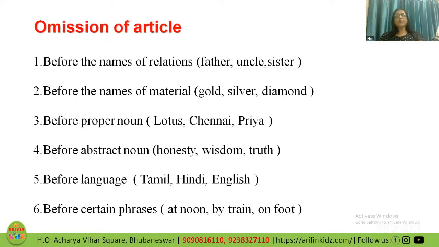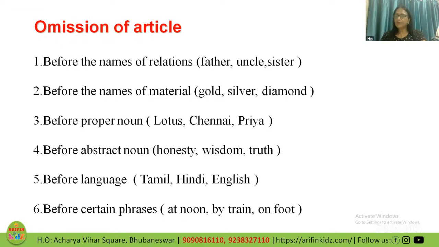Then again, before a proper noun, as I told you, before a proper noun like Lotus, Chennai, Priya, we don't write any article. Here again I am telling you, children, Lotus can be used as a proper noun. Sometimes lotus can be used as a common noun, depending on the use in the sentence.